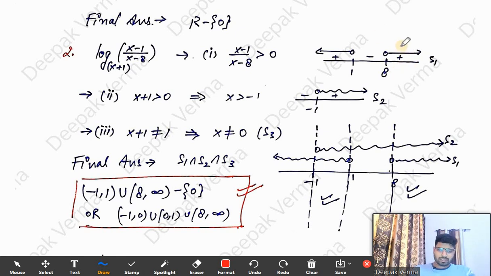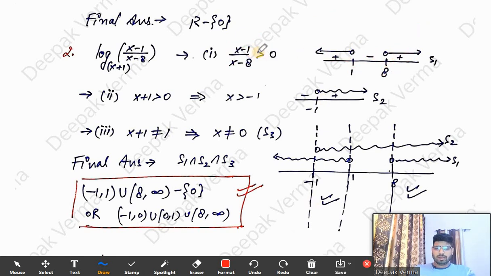So what is the procedure of the wavy curve method? On the rightmost side we put a plus sign. Since the power of both the factors is odd, that is 1 and 1 here, when we move towards the left, the sign will change alternately as we cross the roots: positive, negative, positive. I hope it is clear.